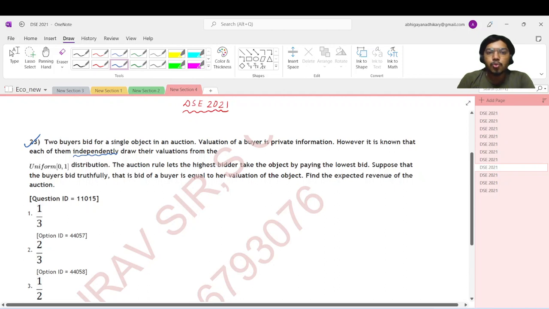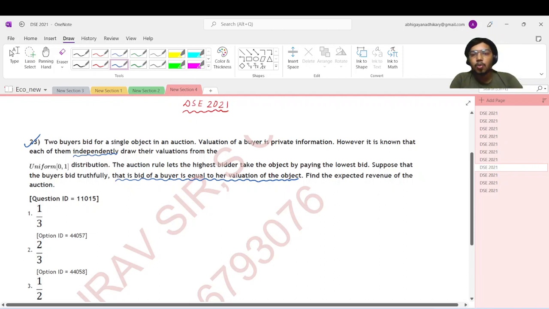The auction rule lets the highest bidder take the object by paying the lowest bid. Suppose that the buyers bid truthfully, that is, the bid of the buyer is equal to the valuation. This is a very crucial information in this question. That nobody will bid falsely, no one will overbid, no one will underbid. So find the expected revenue of the auction.